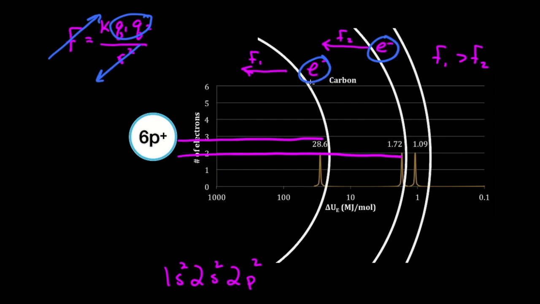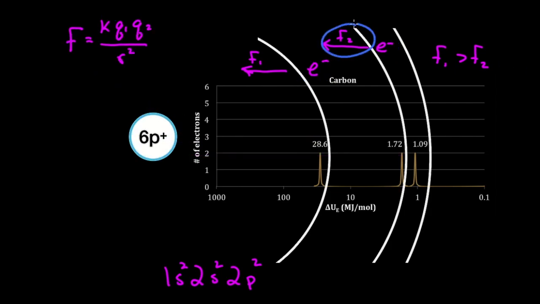Let's say these electrons represent q1, then the protons would be q2. Because F2 is smaller than force 1, the electrons right in here have a higher binding energy than the electrons over here. Basically, the stronger the force holding an electron to an atom, the harder it is to remove that electron.